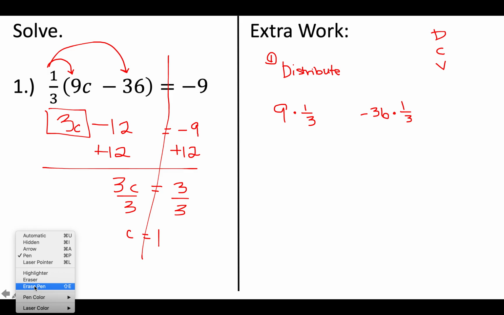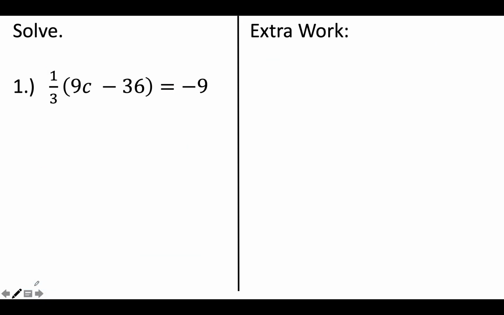By the way, if the distribute method makes sense to you, please use it the entire time. It will always work. Each of these methods will always work this way. I just want you to be aware that there are other options.